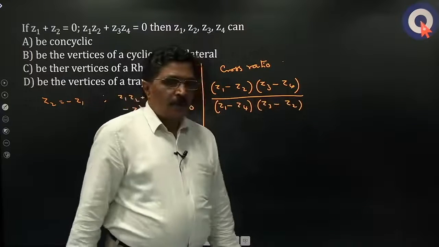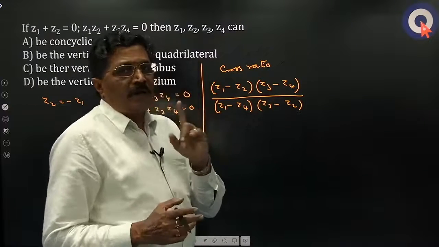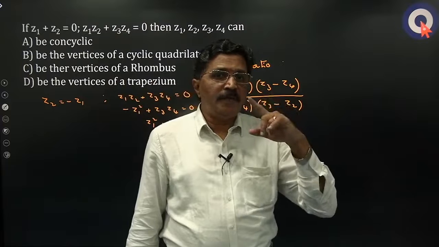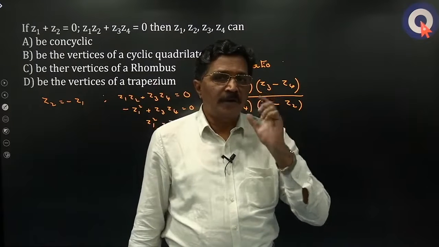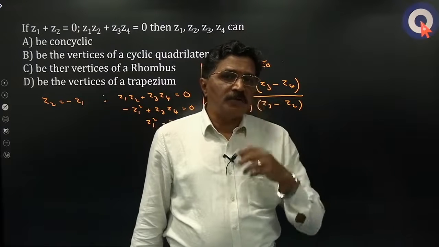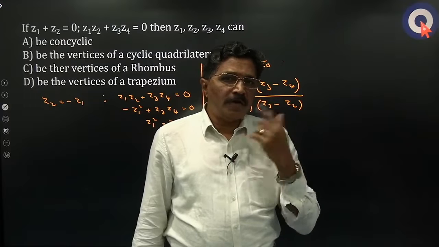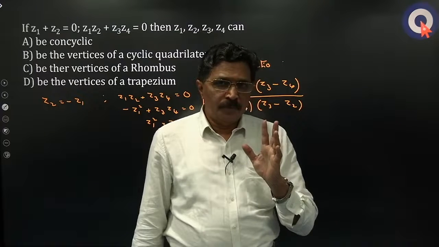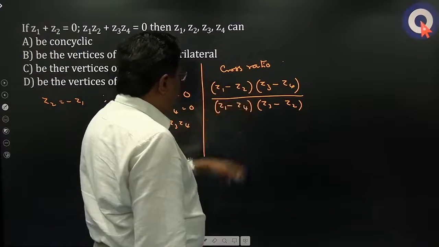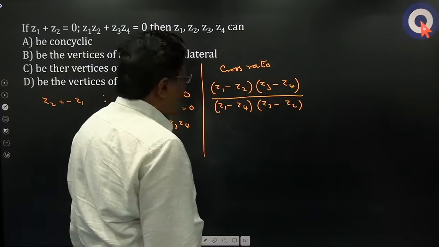See, z1, z2, z3, z4 cyclically can be permuted in 4 minus 1, that is 3 factorial ways, that is 6 ways. So any of the 6 cross ratios you can consider. If any one cross ratio is real, all other cross ratios are also real. So we shall see if this cross ratio is becoming real, in which case the points will become concyclic.